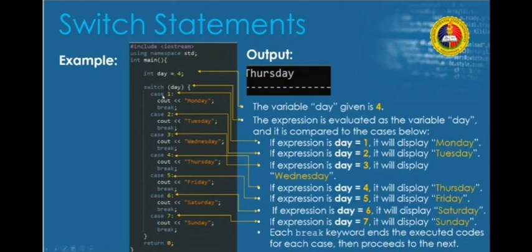So therefore, it will proceed to the next case, which is 2. Does it match? No. So it will continue to check the cases, 1, 2, 3, 4, until it finds a case that matches the expression, which is 4. And once it matches, that's the time that whatever is inside this case will be executed.